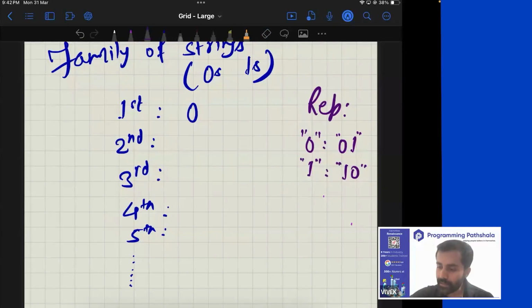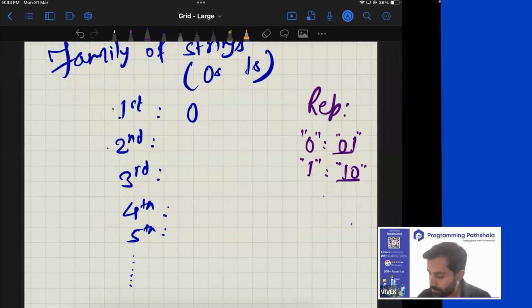That's what we do. Okay, I'll show you through an example and then probably it'll make much more sense.